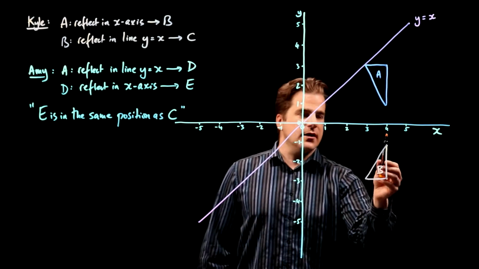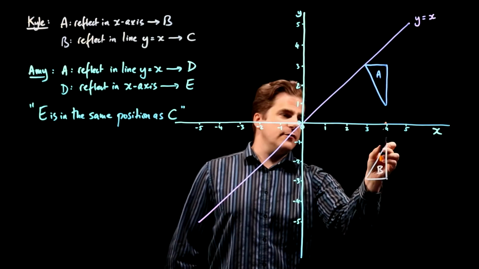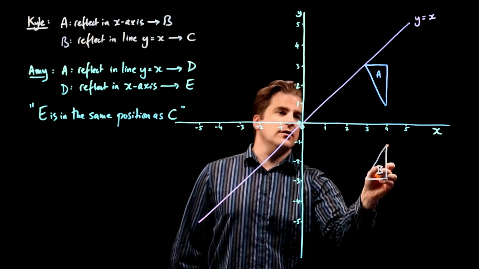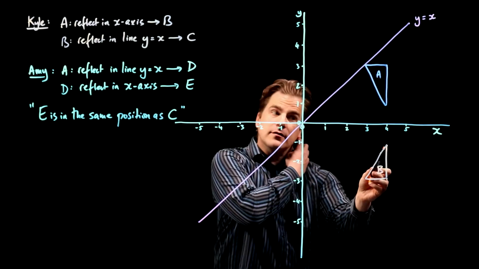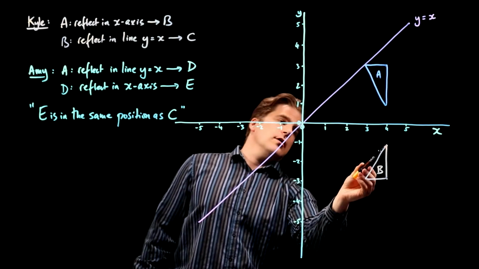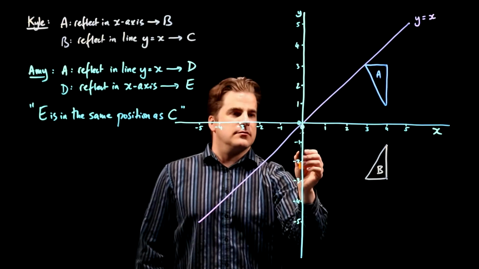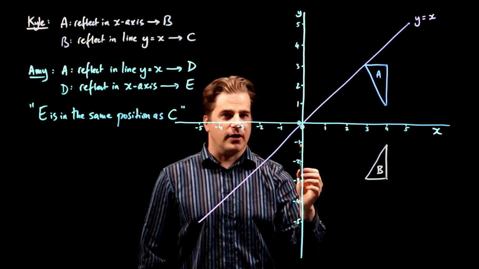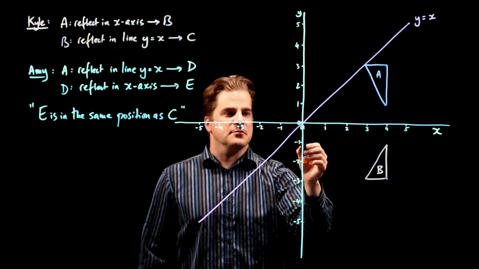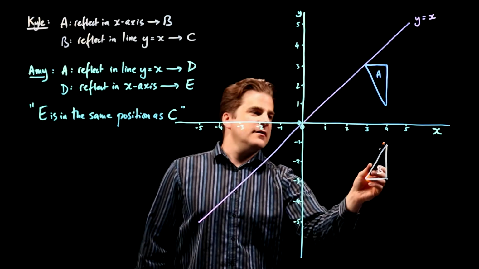So where's this point going to go? Well, that's at (4, -1). So it's going to end up over here at (-1, 4), if you like, only doing y first, so actually (-1, 4).